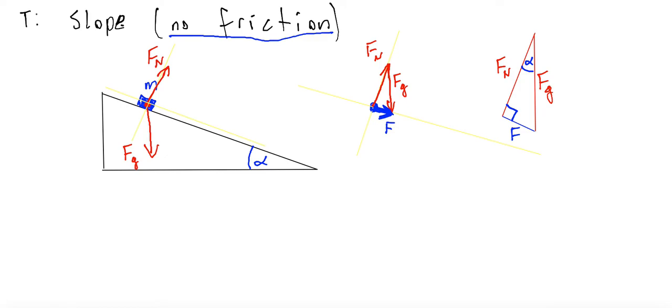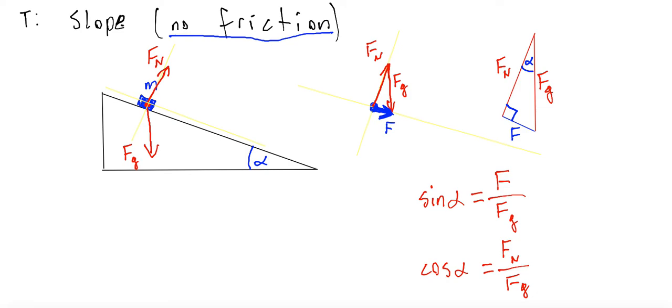If you have a right angled triangle like this, and you have a specified angle like this, then the ratio between the opposite side, F, and the hypotenuse, FG, is known as the sine of the angle, and the ratio between the adjacent side, Fn, and the longest side, the hypotenuse, Fg, is known as the cosine of the angle.